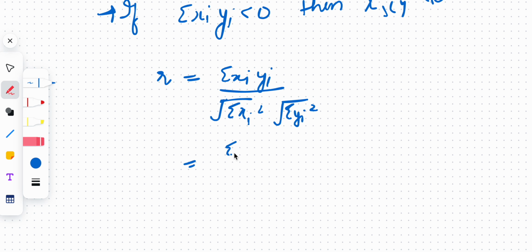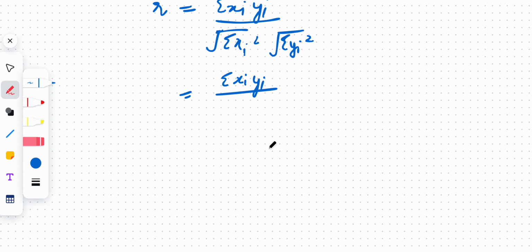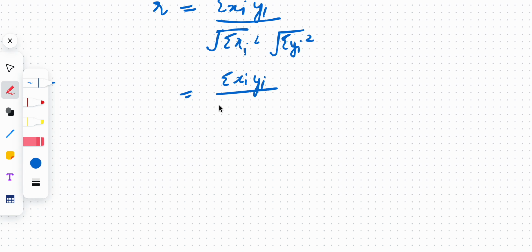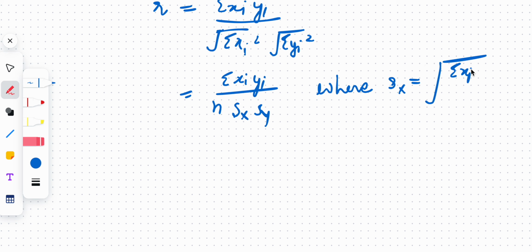I can also write this as n sx sy, where sx would be the square root of summation xi square by n, and sy similarly, this is standard deviation just in case anybody does not know.